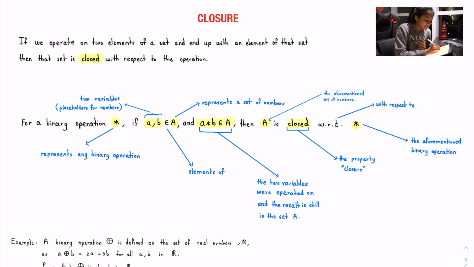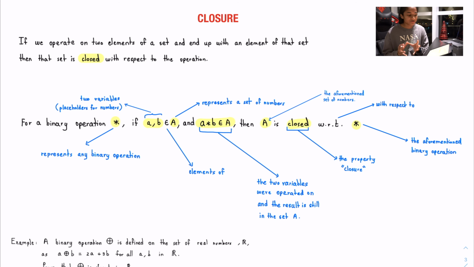So you have the two variables here, and these are two numbers, and you do the operation, and they're still in the same set that these two numbers were from. You operated on these two elements, and they're still in the set of, let's say, real numbers. We said real numbers, right? Then A, real numbers, is closed with respect to that operation.